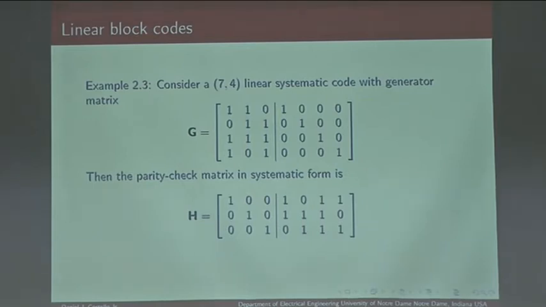So actually, it's very straightforward if you have a code in systematic form to flip back and forth between the parity check matrix and the generator matrix. So if you define a code in terms of the parity check matrix in systematic form, and you want to know what the generator matrix is so you know how to encode it, it's easy.